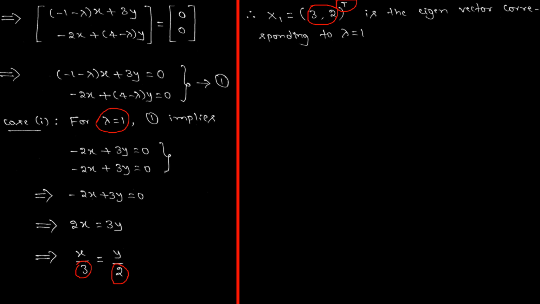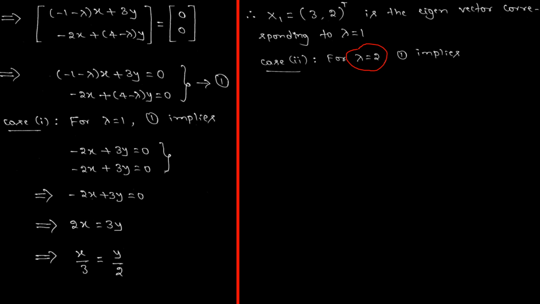Similarly, let us take the other lambda value in this equation set and find another eigenvector. Case 2, lambda is equal to 2. If you take lambda is equal to 2, you get this.